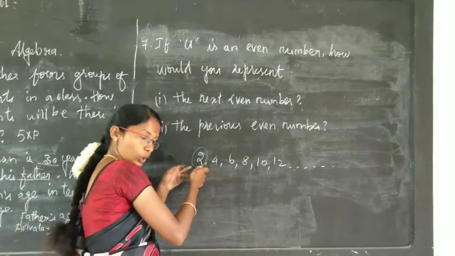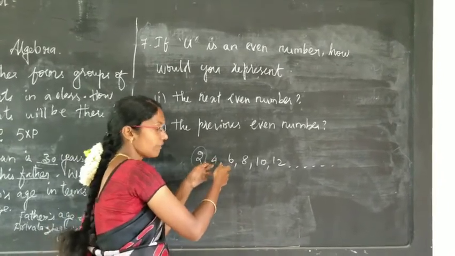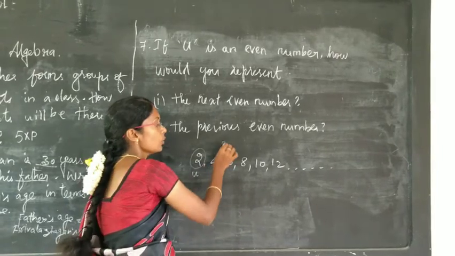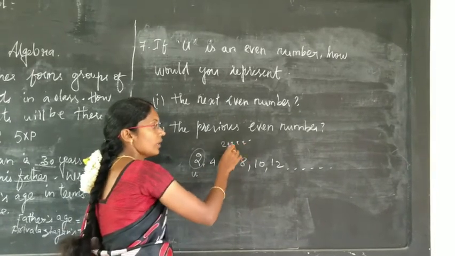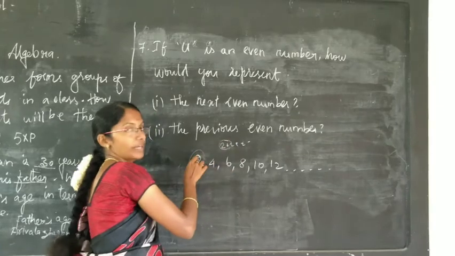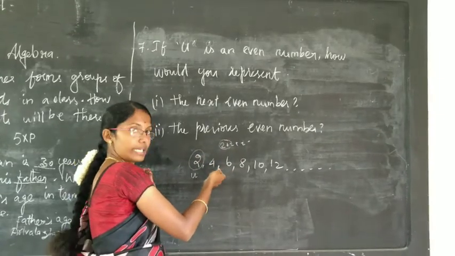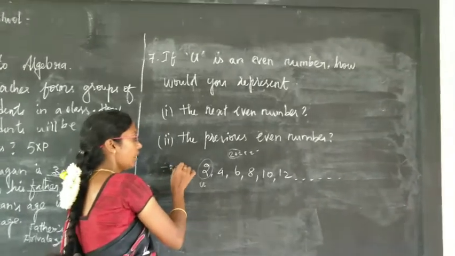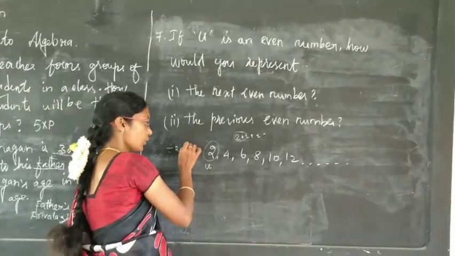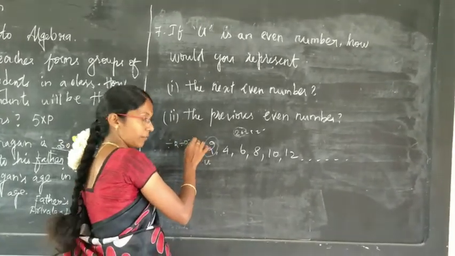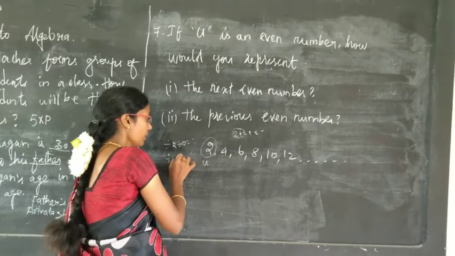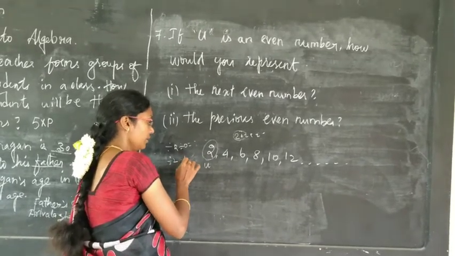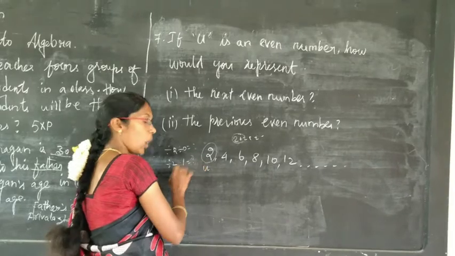The next even number is 2 plus 2, plus 2, like that. You have to add 2 to a number so that you get an even number. If a number is divided by 2 and the remainder is 0, that is an even number. If you divide by 2 and get a remainder 1, then that is an odd number.